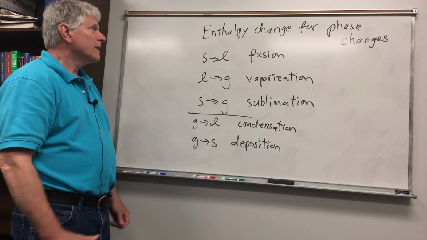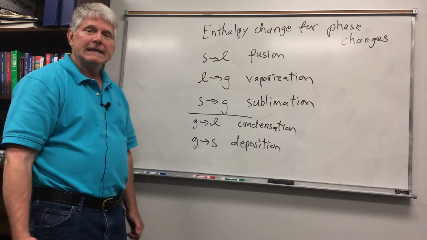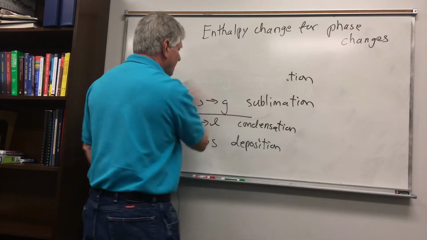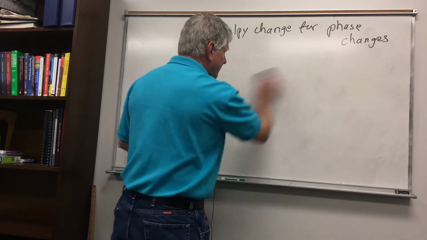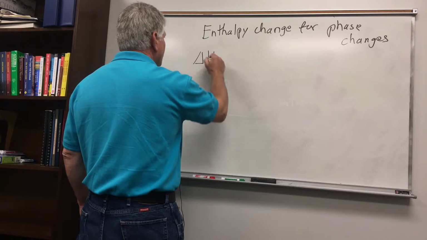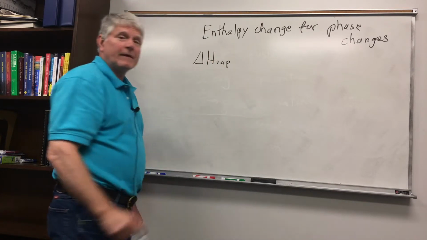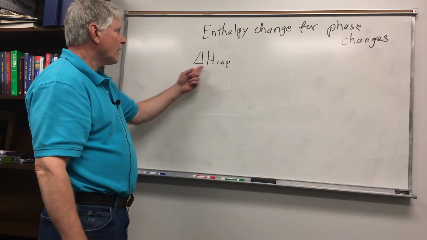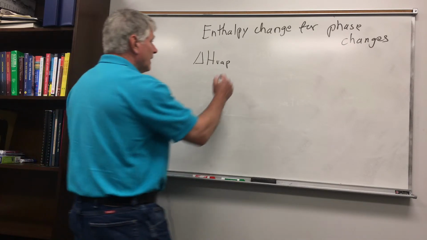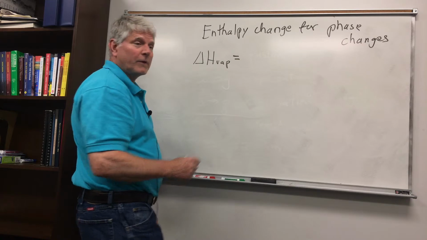So let's consider now the enthalpy, or the heat, for phase changes. So say we have the enthalpy of vaporization. So this is a process. Delta H just means the heat for a process, and the process is the following reaction.